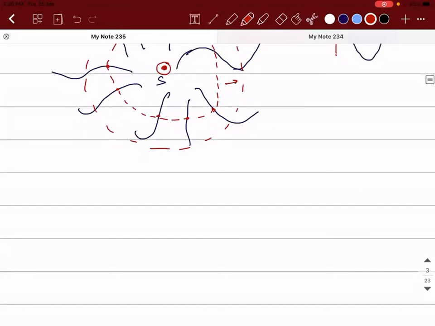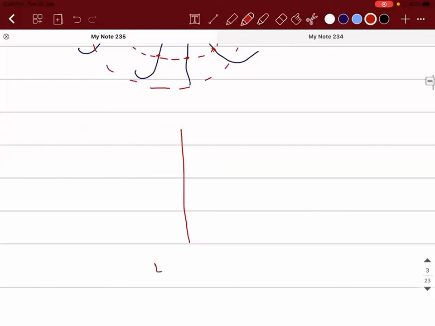Now let me take another example. Let's say I have a linear source of light. Then each point on the source will act like a point for the light to get liberated. Each point on this linear source is also a light source. So this will release a wave like this, this will release a wave like this, and it keeps on going.